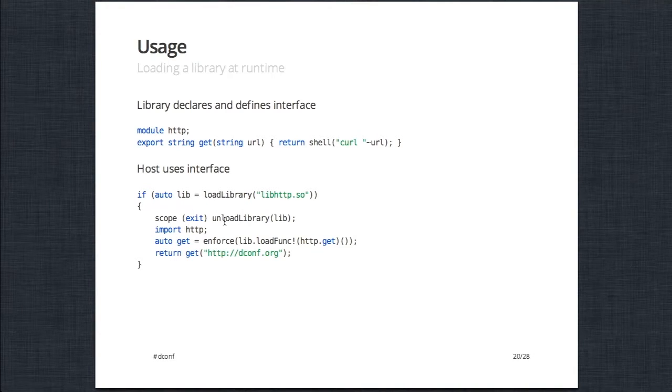Then there's a scope exit to unload the library later, and it imports the header file to get a function and call it. That's about it. Like, initialization is happening in the load library, and finalization is happening in the unload library. So simple as that.